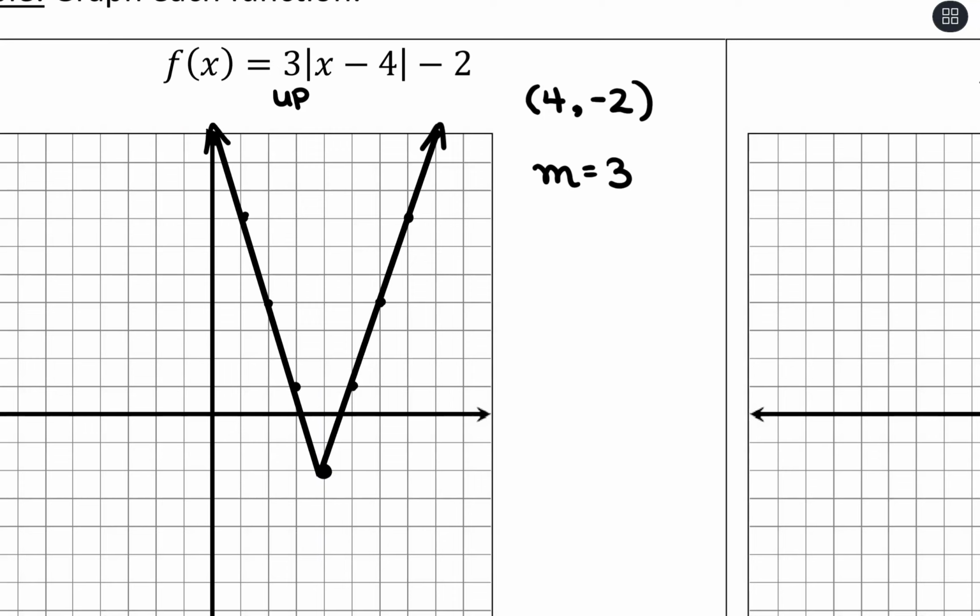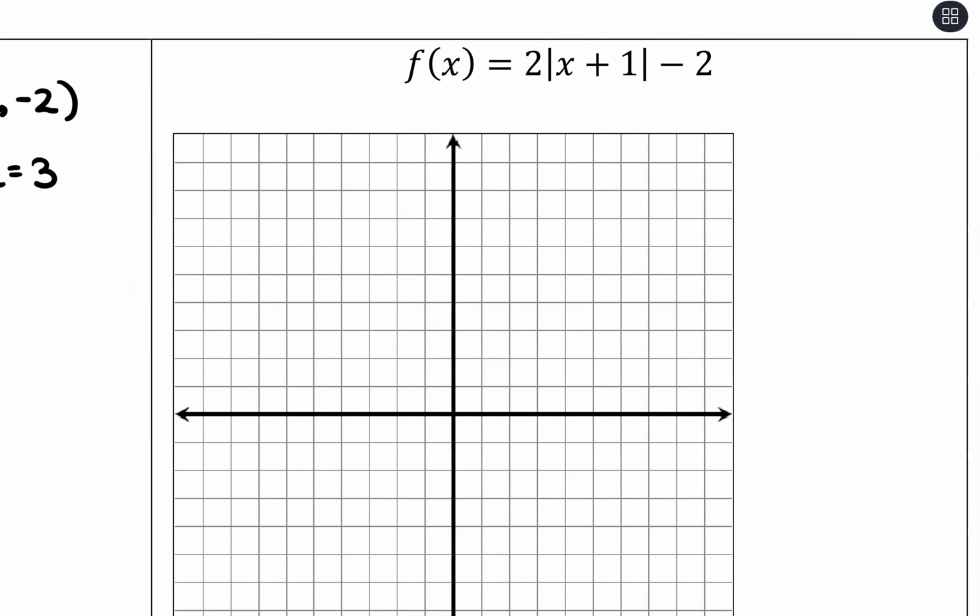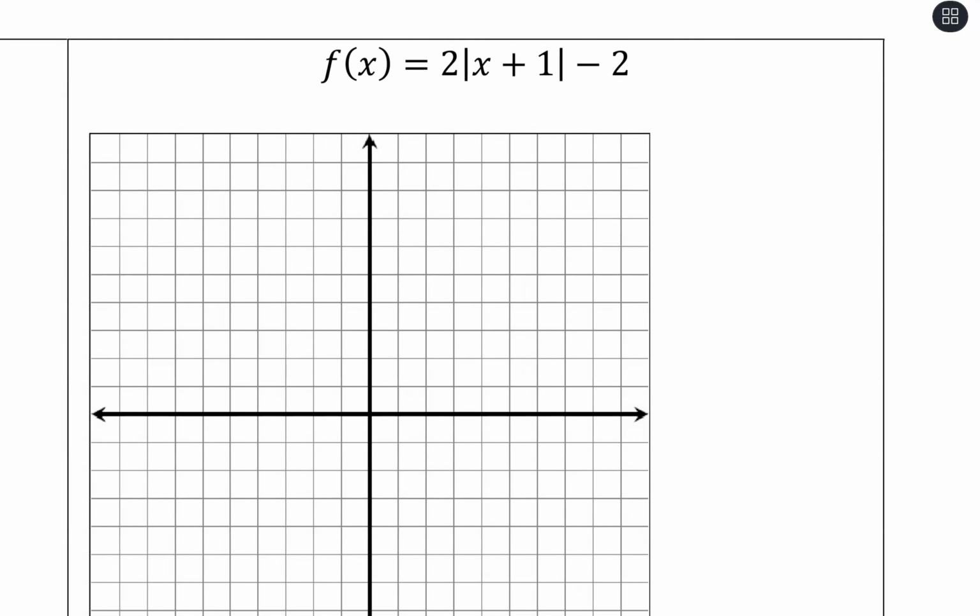So corner, notice whether it's opening upward or downward, and then use that slope that's coming from that first value. Okay, and go ahead and pause the video and try the rest of these on your own. Hopefully these should be familiar with how we kind of worked with our quadratic functions.